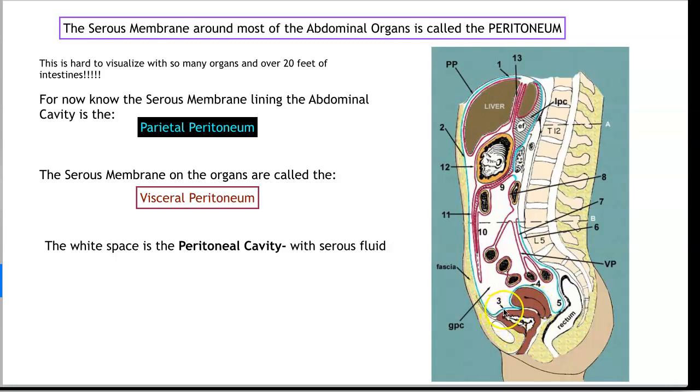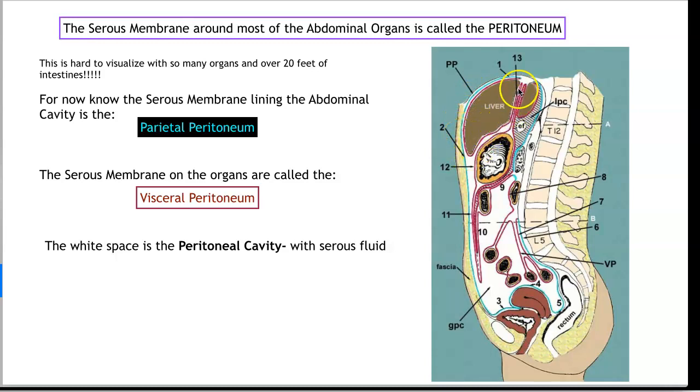So it's going over the bladder, over the uterus, and over the rectum. So remember, this is all in the pelvic cavity. So this parietal peritoneum is surrounding the abdominal cavity, going over the pelvic cavity, and it's surrounding the backside of the abdominal cavity also. And then it's going to wrap around on itself to become the visceral peritoneum.